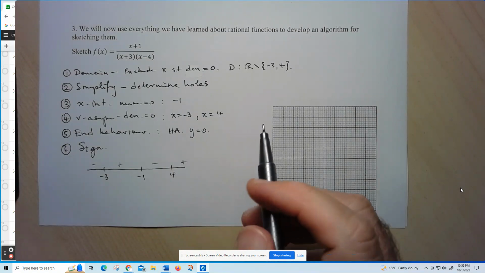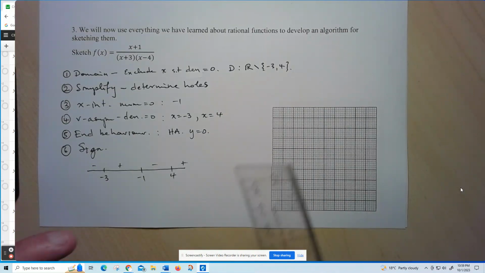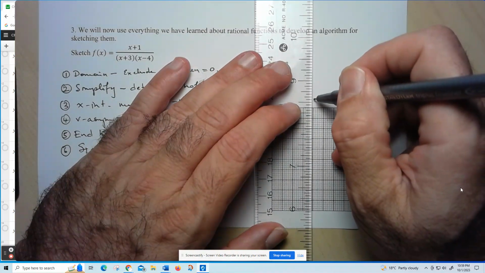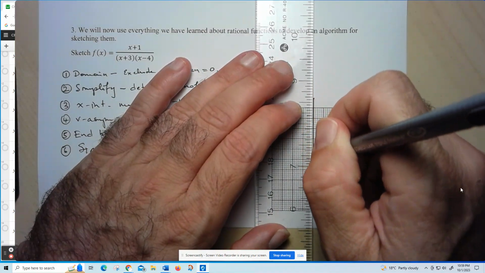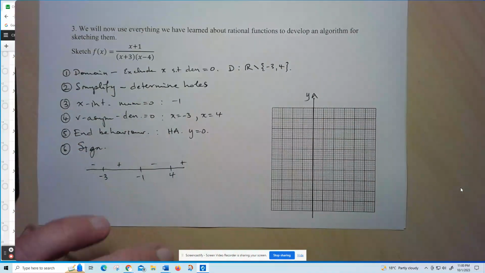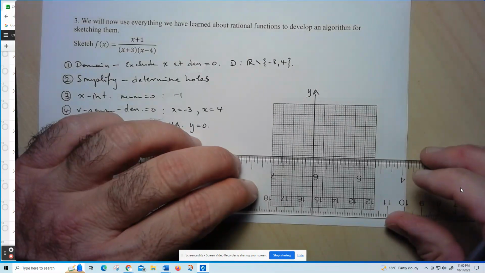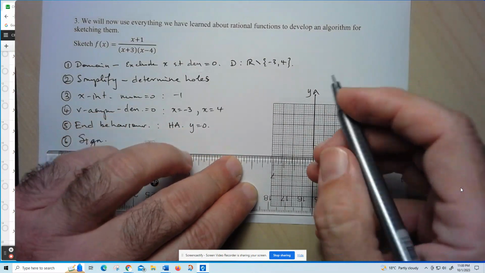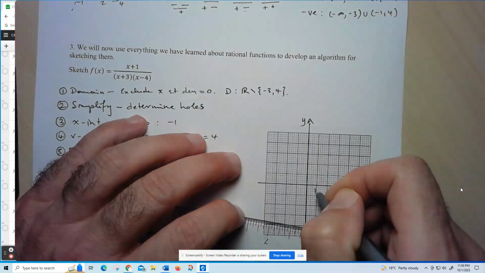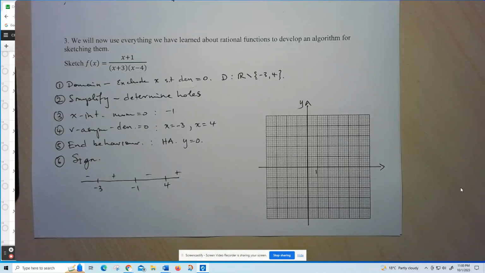So I notice I have to go from -3 to 4. So I better make sure I've got room on my graph. So I'll put it just a little to the left. Okay. I'm not going to worry about the y-axis for now because we're not dealing with any local maxes and mins. And what I'm going to do is set up the structure of my graph.